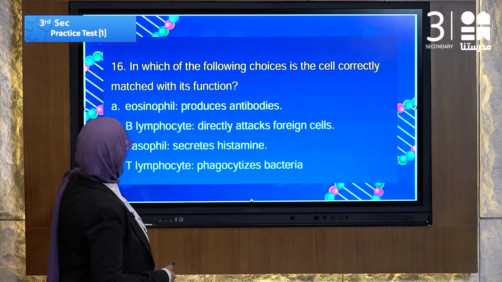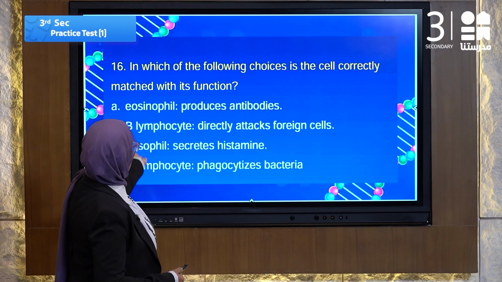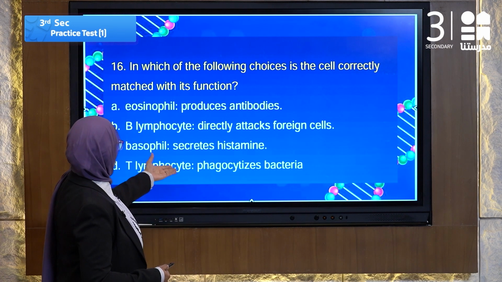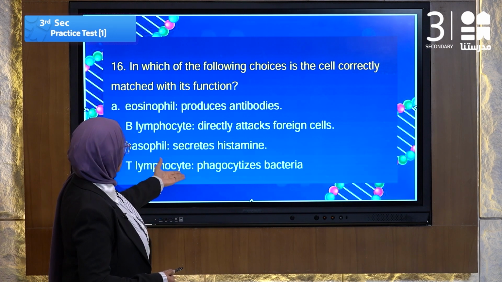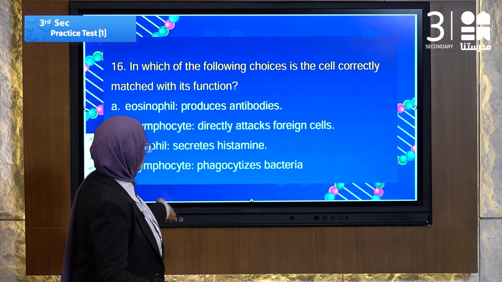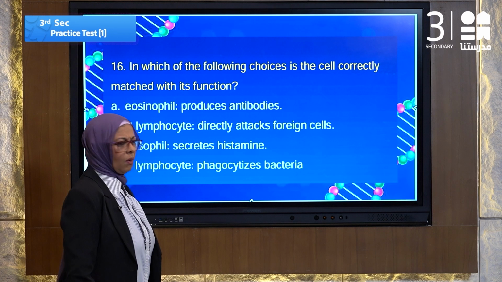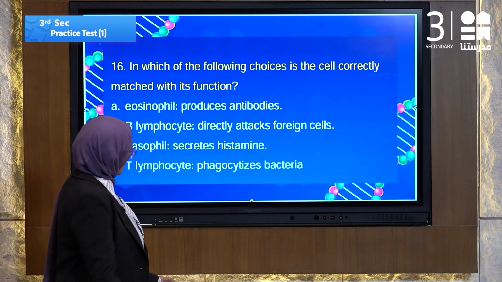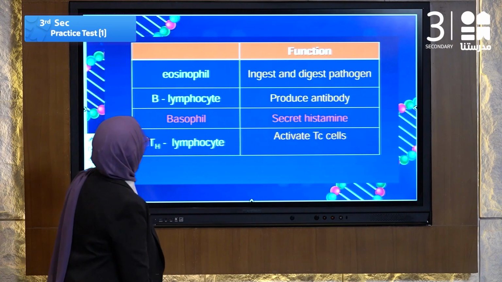B lymphocytes directly attack foreign cells. Basophil secretes histamine. T lymphocyte phagocytoses bacteria. I don't remember. Let's go to how the cells function.